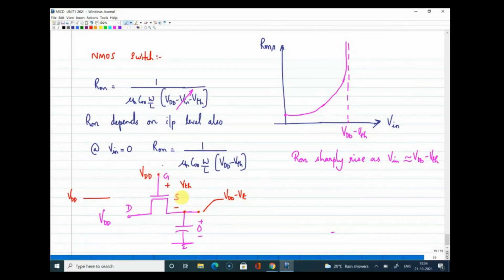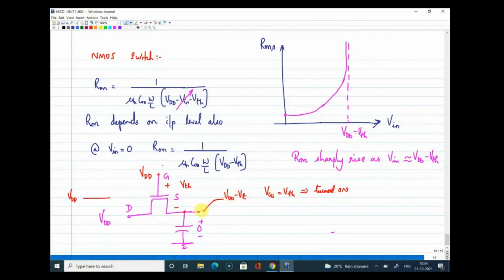That means I have just one threshold voltage between VG and VS, or VGS is only VTH, so the MOSFET will be turned on. As the output reaches VDD minus VT, till that value the MOSFET is on.